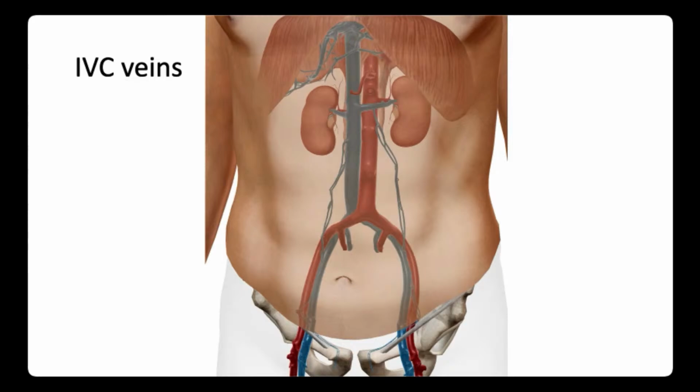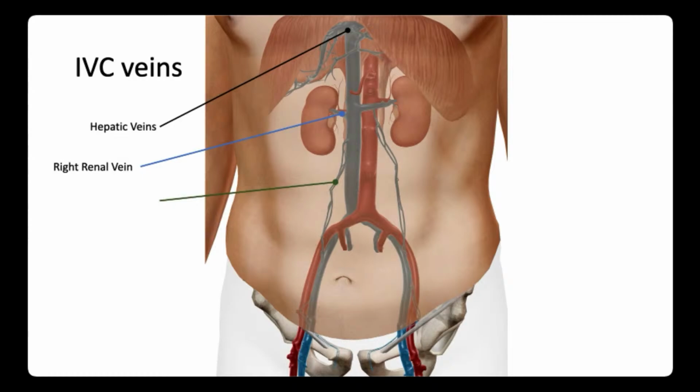Okay, inferior vena cava veins, IVC, veins flowing into the IVC. Let's go. About here. Yes, right renal vein. What about here? That's right. Right gonadal vein. And how about here?